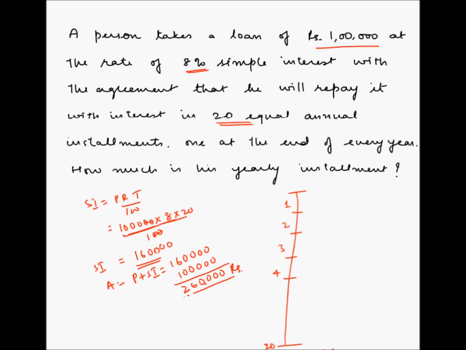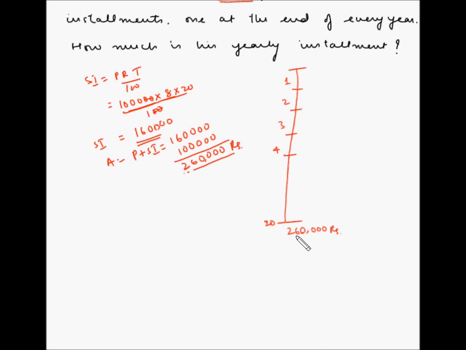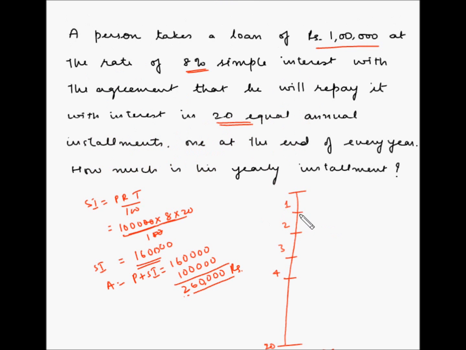Now instead of paying a lump sum of 260,000 rupees at the end of 20 years, this man decides to pay an equal installment every year. So let's say the installment is X, and so on till the 20th year.